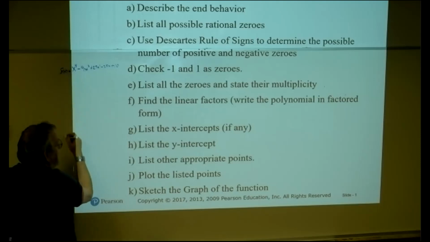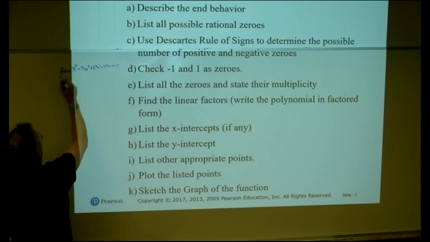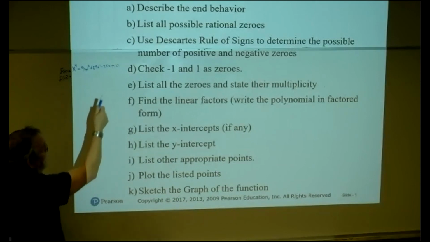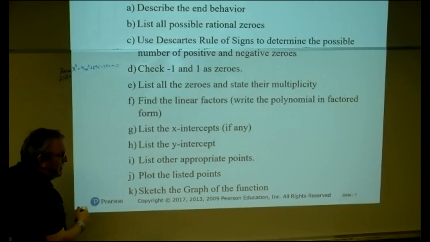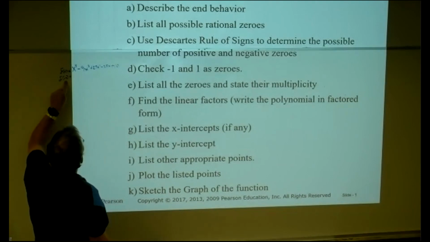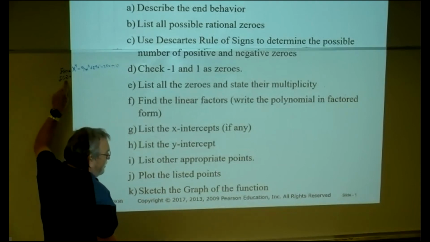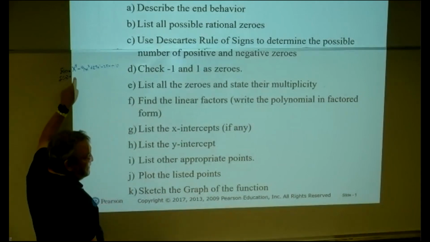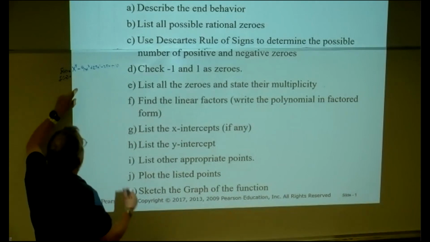And I usually do this right away. I usually write down what f of negative x is, because I'm going to have to use that on letter C. So I like to set that up to begin with. If it's an even degree, negative x to that power, so negative x to the 4th power is just x to the 4th power.